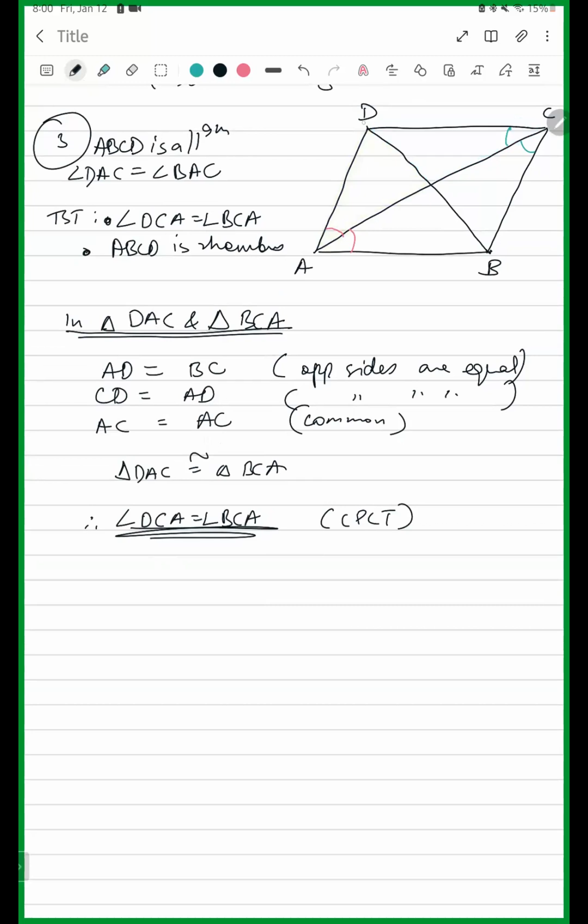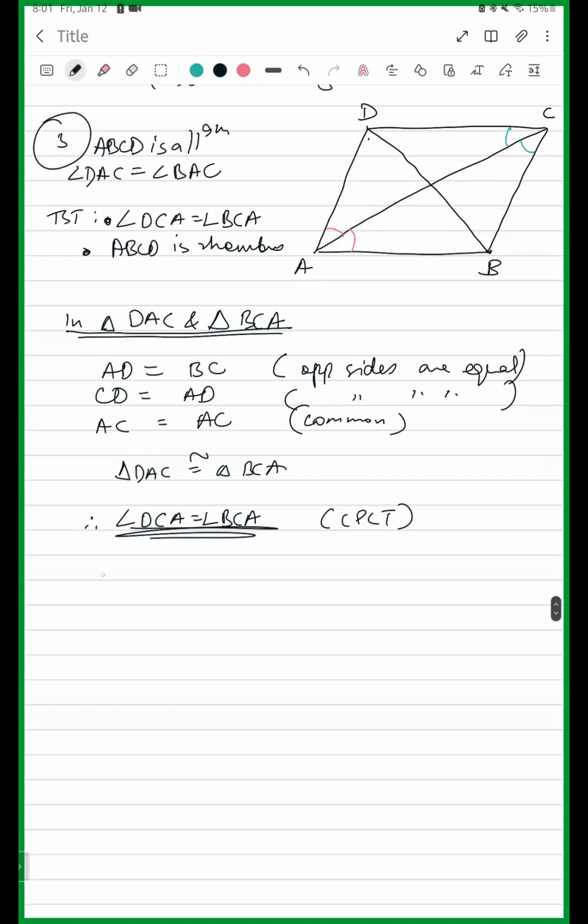This is a parallelogram. I took ACD and CAD. Wait a minute. Let's take this first. Okay. Let's take this.